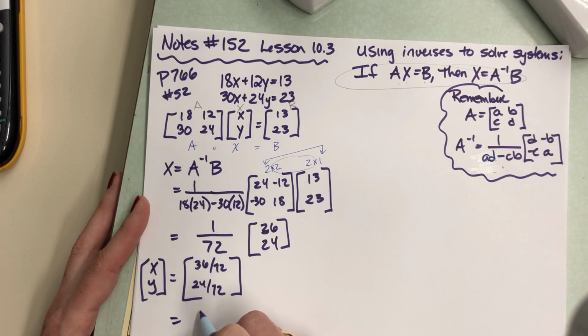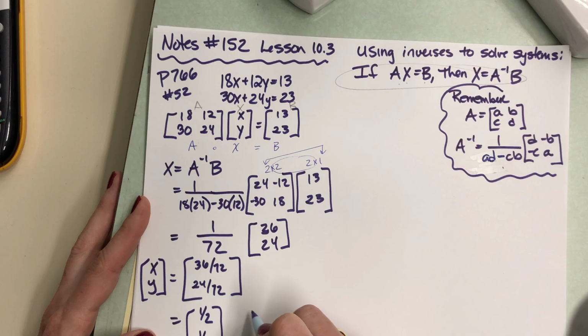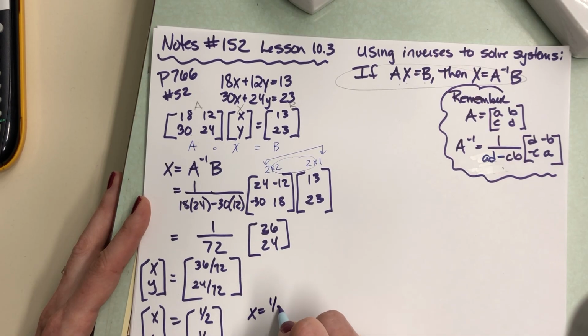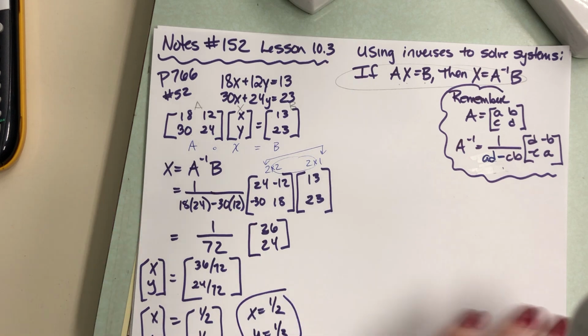I've got 1/2, and 24 over 72, which is 1/3. So you see what we just did? We just solved that. Matrix X, Y is equal to 1/2, 1/3. So x is equal to 1/2, and y is equal to 1/3. Okay, that's just beautiful, absolutely beautiful.